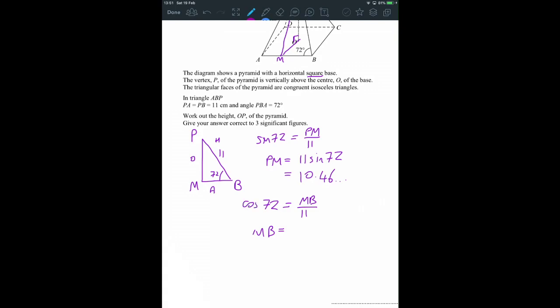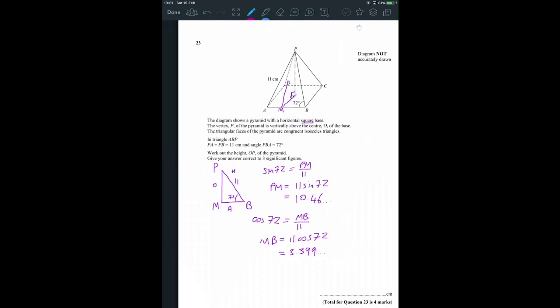So MB is 11 cos 72, which in my calculator is 3.399, etc. Makes sense that's shorter than the other. It's a taller pyramid rather than being a short stubby one. Well, now OM is the same as MB using the symmetry arguments.